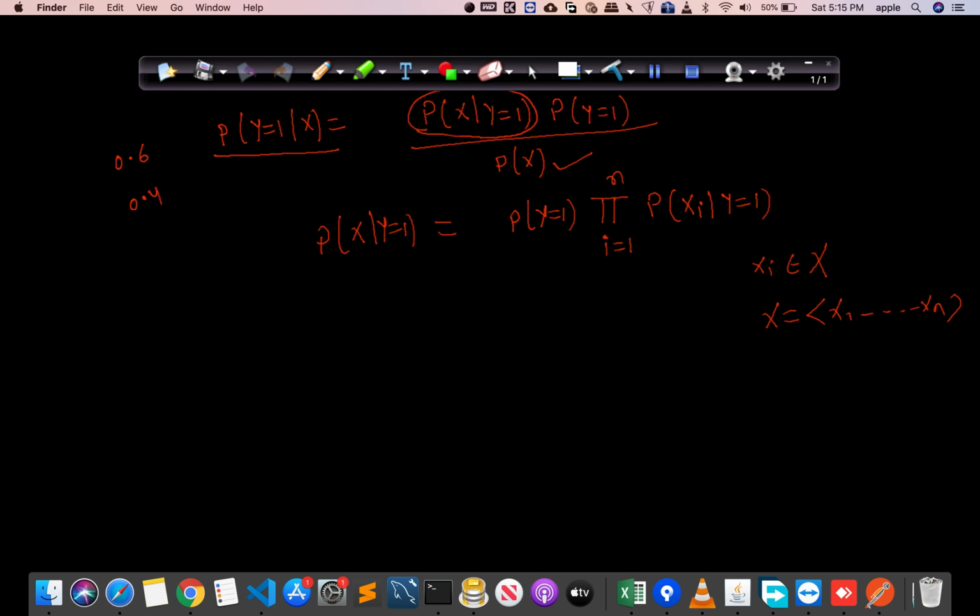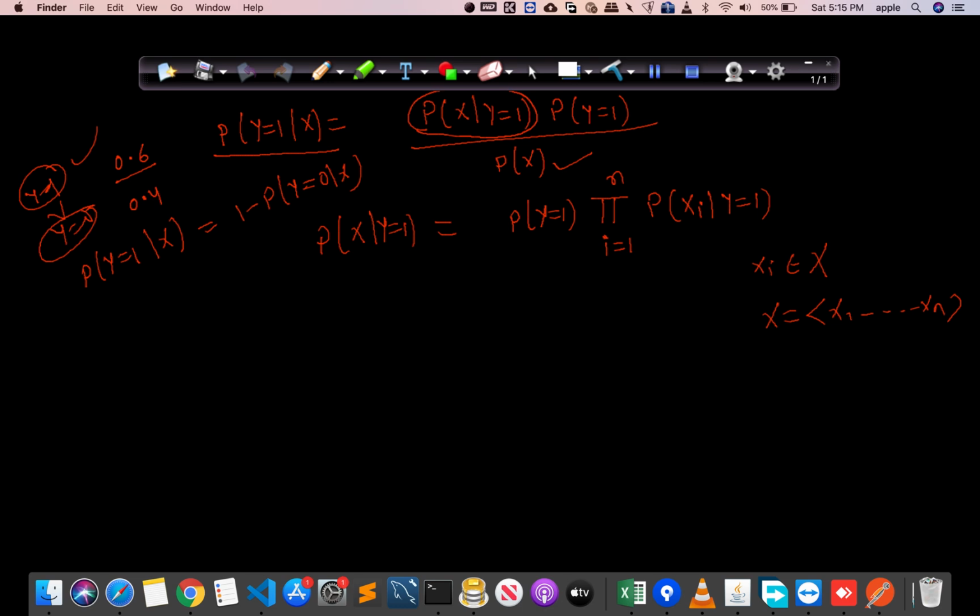Then we can simply say that probability of y equals 1 given x is equal to 1 minus probability of y equals 0 given x. And if one is greater than 0.5, then we can say this class belongs to 1 or 0. Suppose for y equals 1 it is greater than for y equals 0, then we don't need to calculate for y equals 0. We can simply say this is 1. This was for the explanation part.